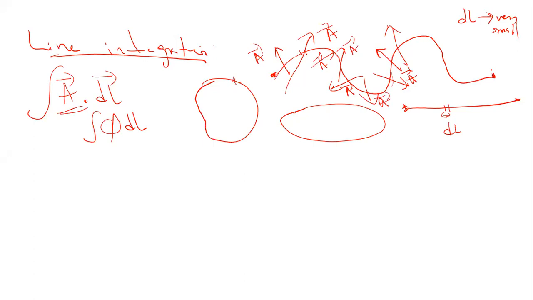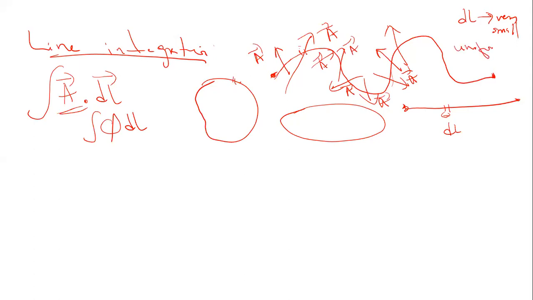In order to perform the summation, we have to consider this line element, and the line element has to be so small that the vector field A here is uniform.